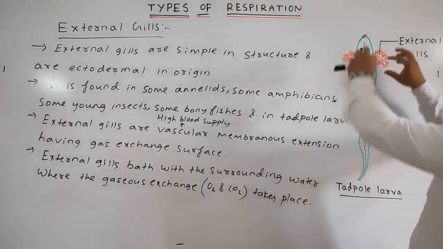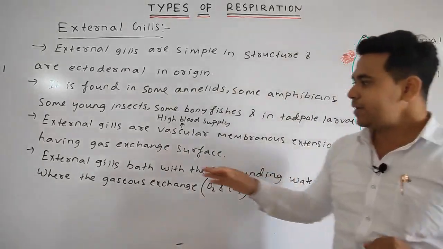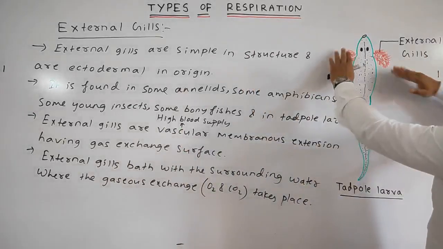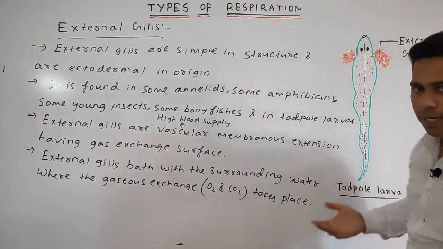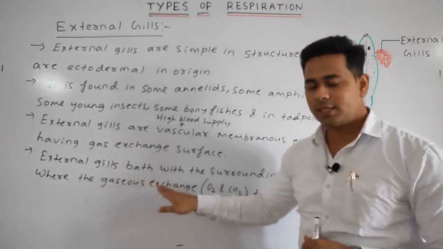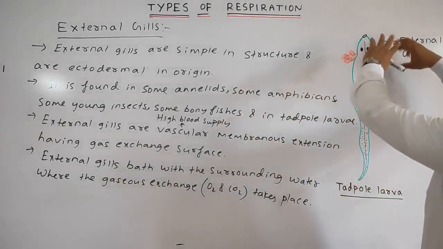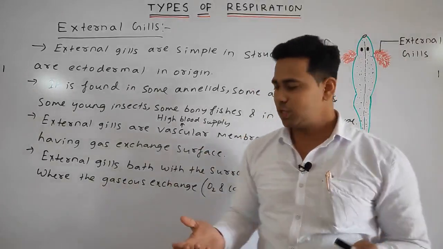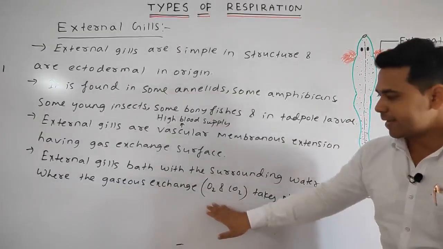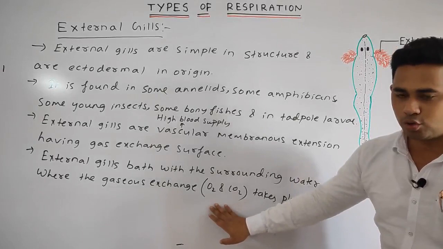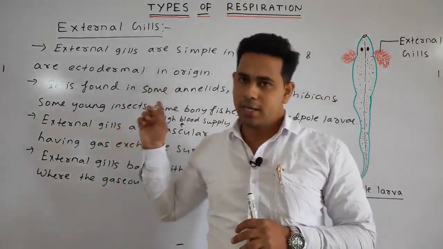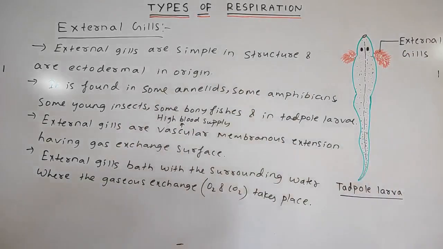Vascular membranous extension, having the gas exchange surface, means the gaseous exchange can take place. External gills simply bathe with the surrounding water, means it is surrounded by the water by which the gaseous exchange, simply the O2 and the CO2, takes place. Okay, so this is all about your external gills. Okay, please note down.